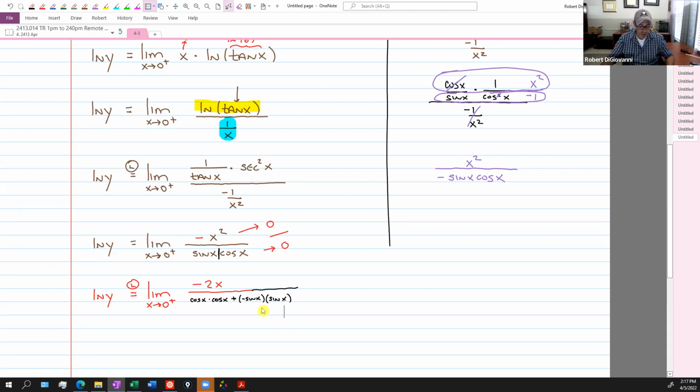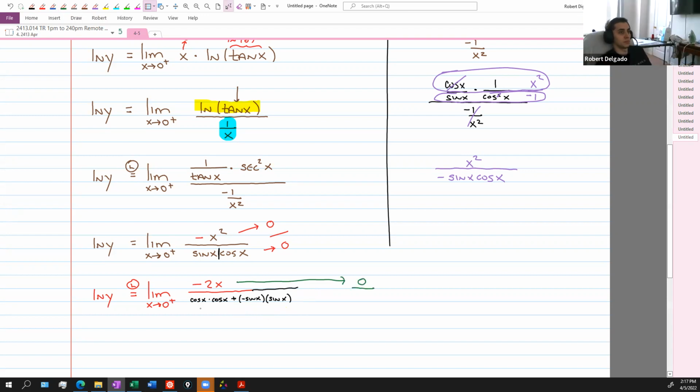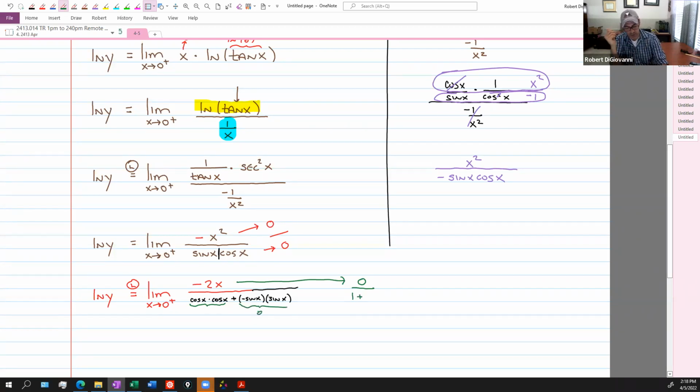When x goes to 0, where's the top going? 0, right? But look at the bottom. That's going to be 1 times 1, so that's 1 plus, and then these two together, that's 0 times 0. That's 0. So 1 plus 0. I don't have 0 on the bottom, I have 1 on the bottom. So this is just 0 over 1.